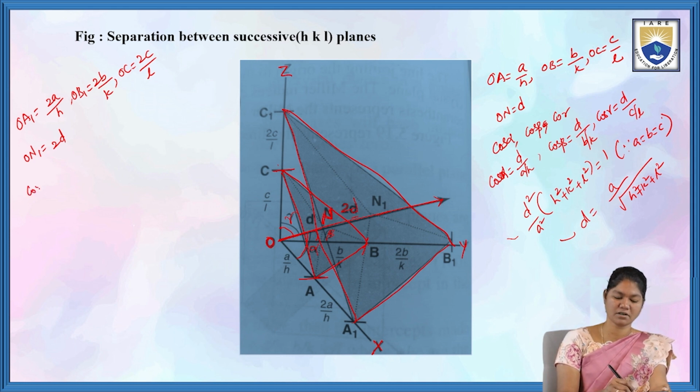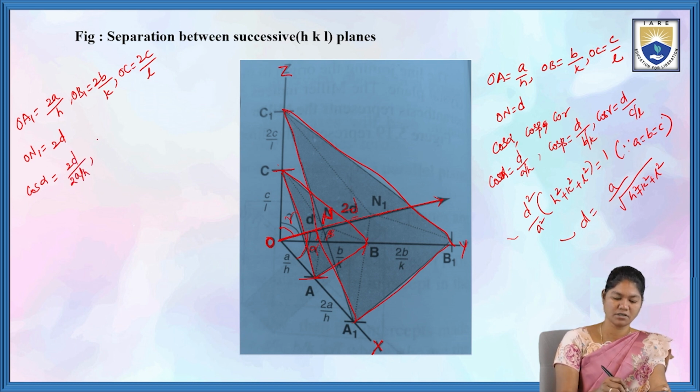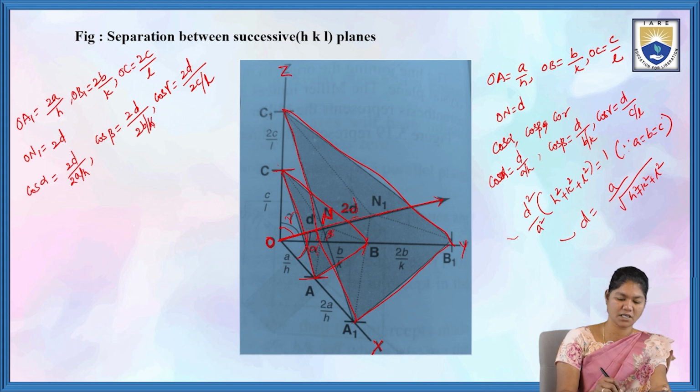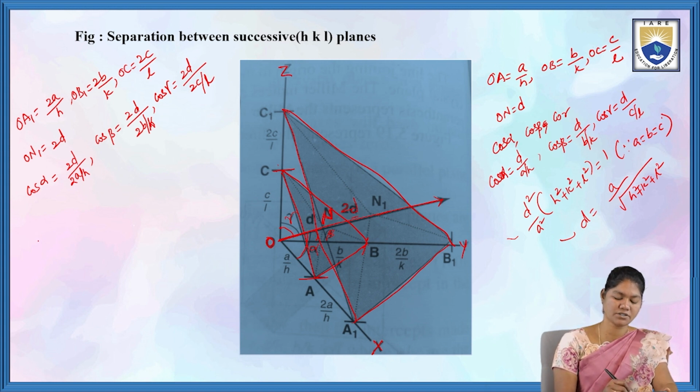Then for the same, cos alpha is equal to 2D by 2A by H, cos beta is equal to 2D by 2B by K, cos gamma is equal to 2D by 2C by L. Now, taking the direction cosines law, we get the value 2D is equal to 2A by root of H square plus K square plus L square.